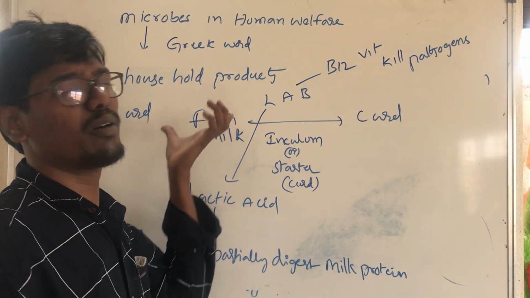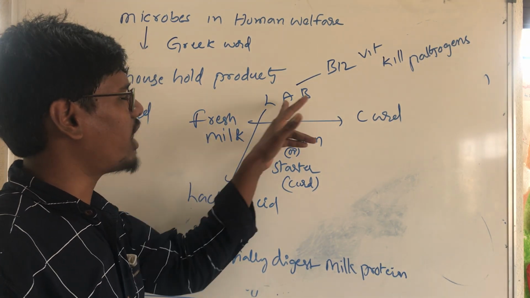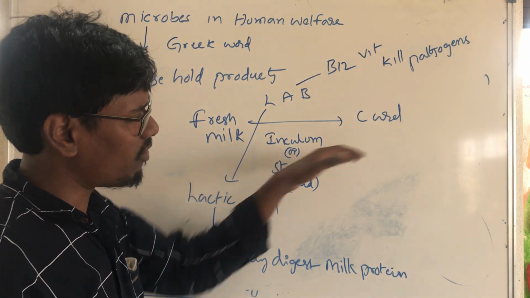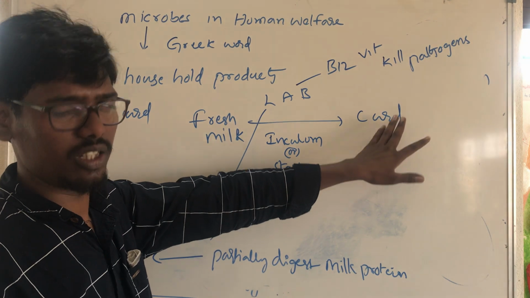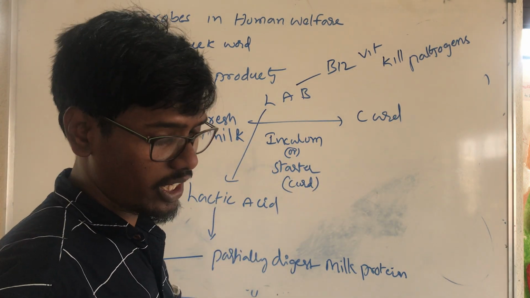The fresh milk contains milk protein, so the lactic acid partially digests the milk protein to convert it to curd. The second thing is dough.